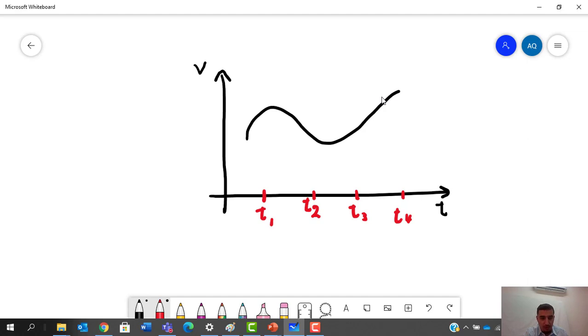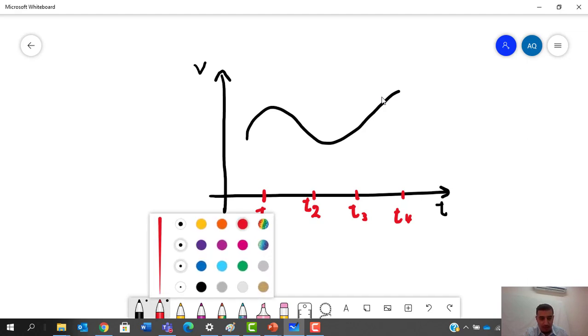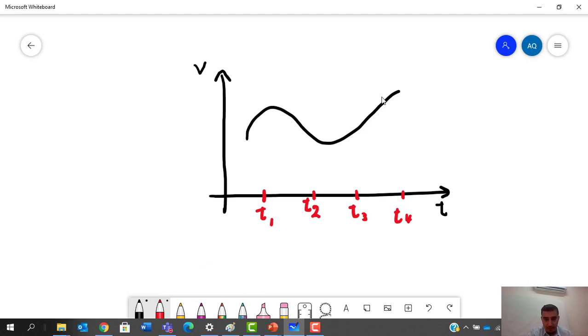Now if we want to find the values of the samples, we draw a straight line up and see the intersection over here, then a straight line up here, and here, and here.